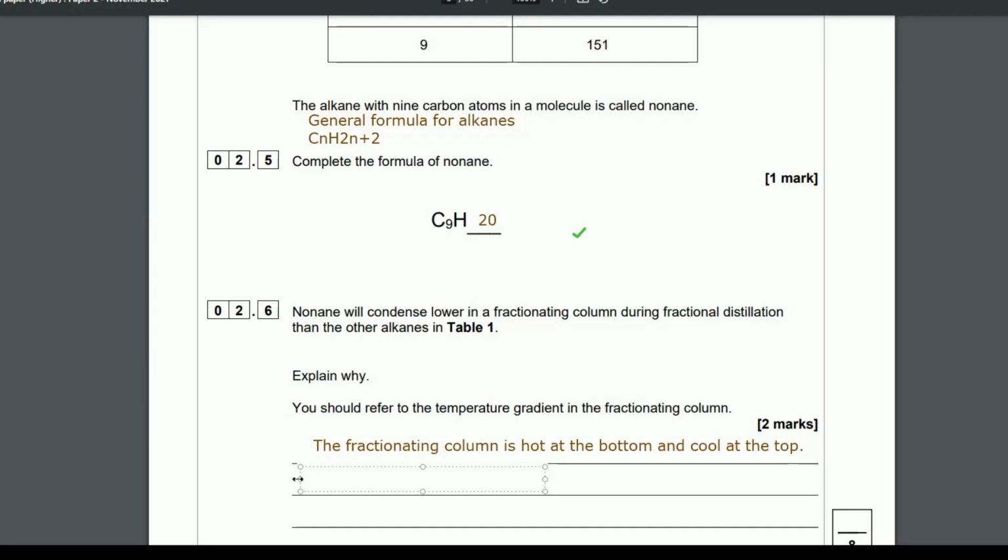So the small hydrocarbons with very low boiling points won't condense until the top of the tower. So smaller fractions with fewer carbon atoms will have lower boiling points and so condense higher up the column. And there we go.